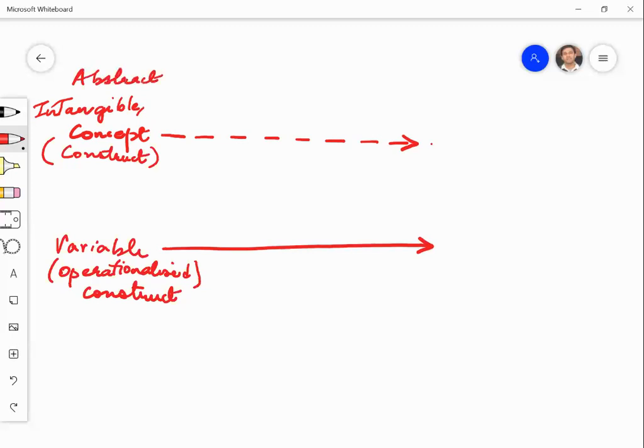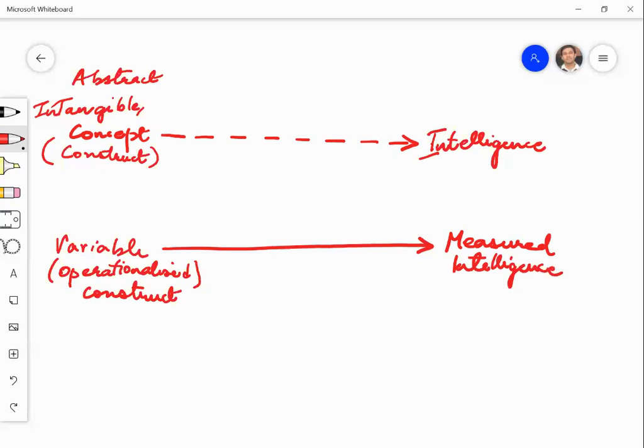Let us say the construct that we are talking about is intelligence. So this is the construct that we wanted to capture, and this is our measure. The solid line is the measurement, measured intelligence.